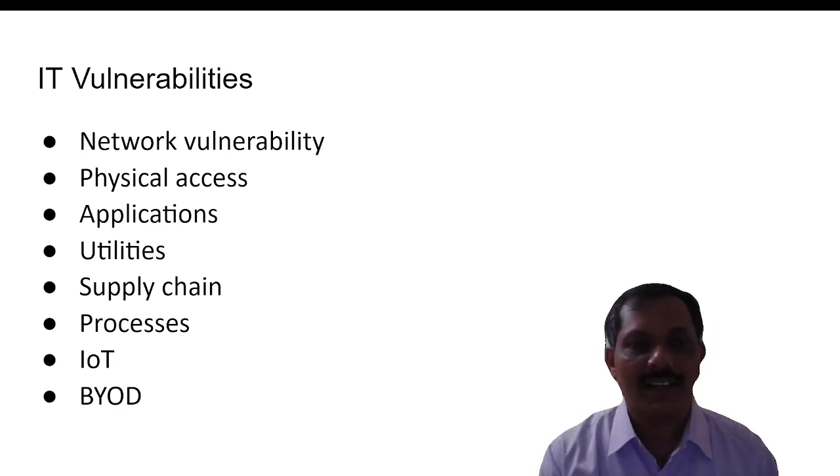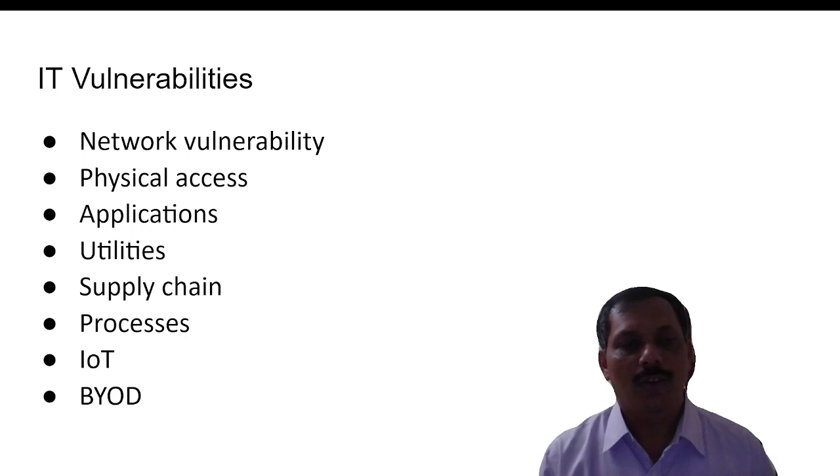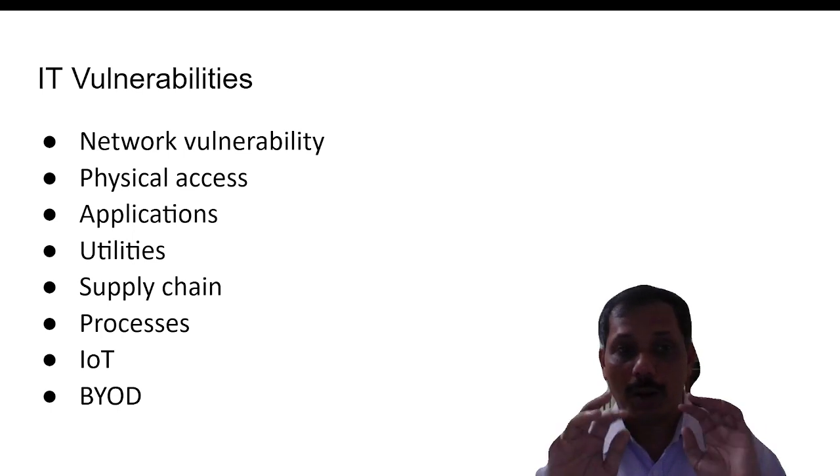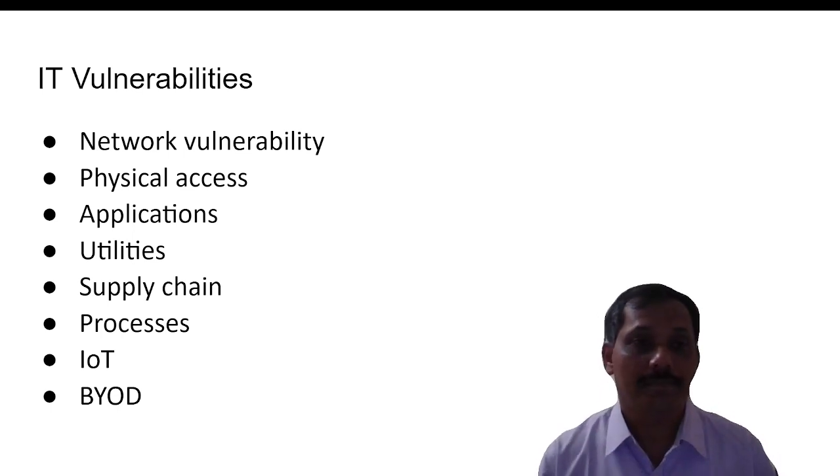Then application related vulnerabilities. Your applications may have vulnerabilities. There may be backdoor, or the code may not be configured properly. It might not have been tested properly, and there are some bugs. You are getting errors when you try to update your data on the application.